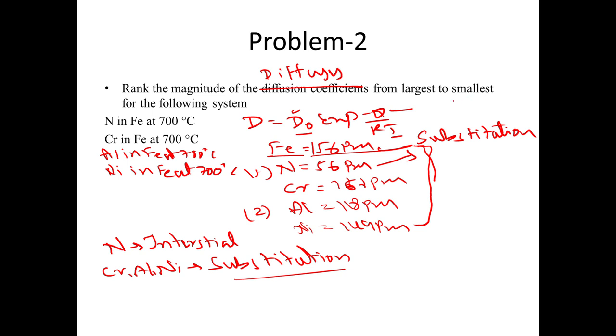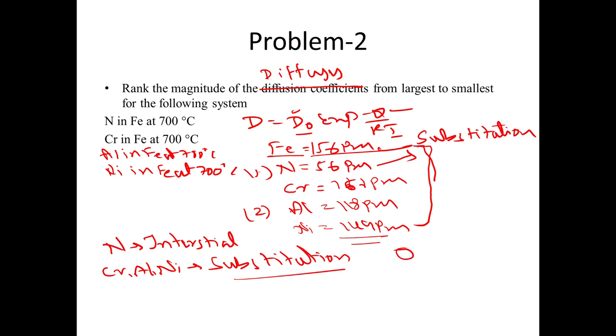As we increase the atomic radius, removing an atom and placing this bigger atom is very difficult.